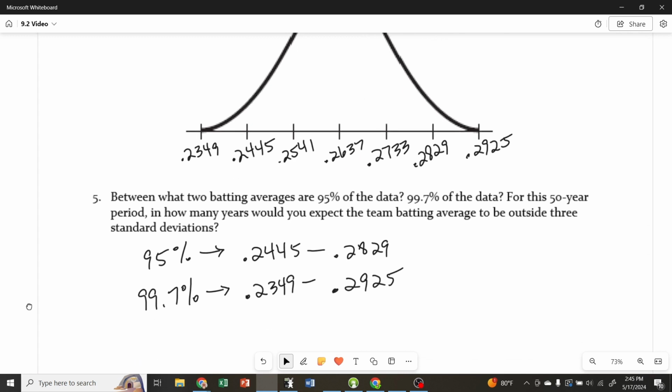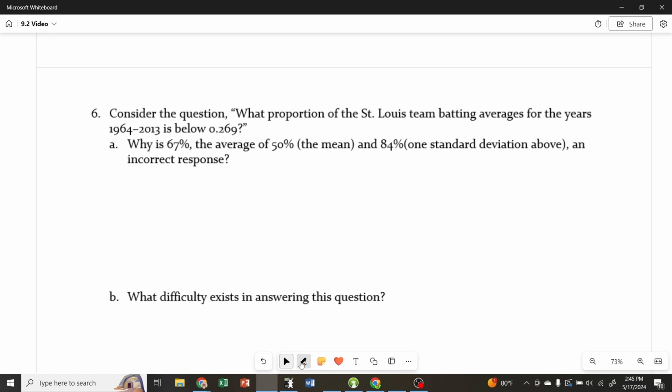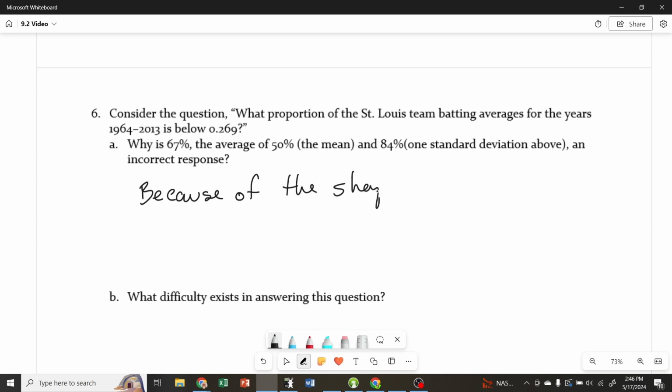We have to do some calculations, so we can't just average those two values together. Because it's a curve, it's not shaped like a rectangle, where we could just add them and divide. It's the shape of the curve.